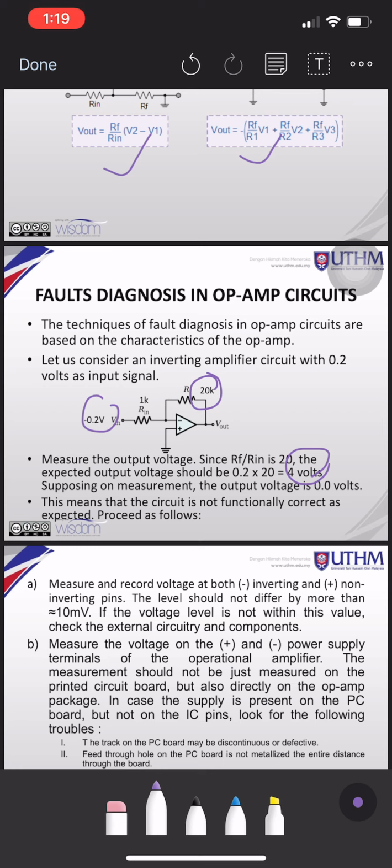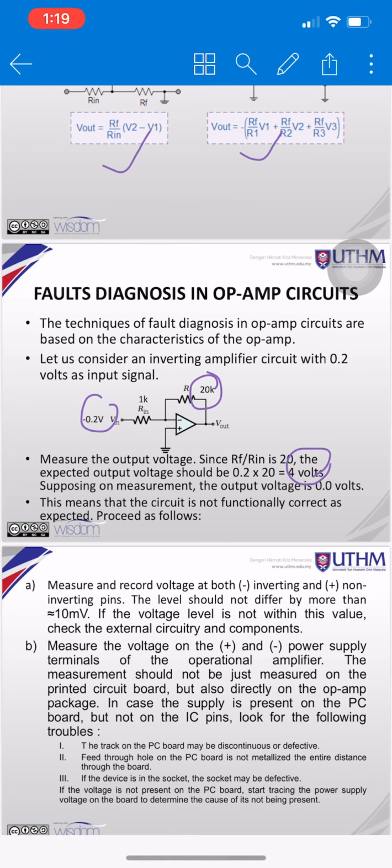If the device is in a socket, the socket may be defective. If the voltage is not present on the printed circuit board, we should start tracing the power supply voltage on the board to determine the cause of its not being present.